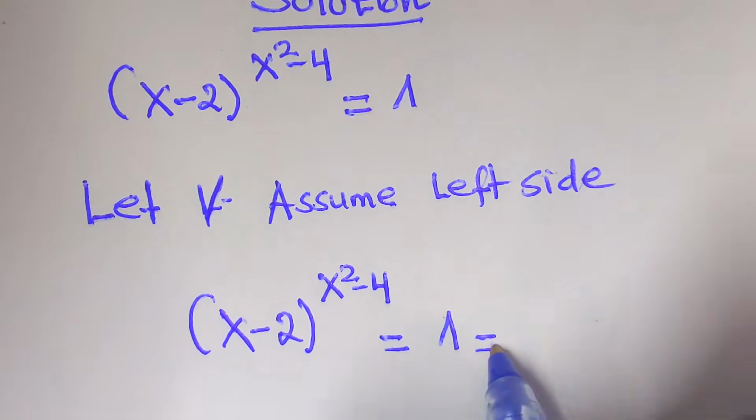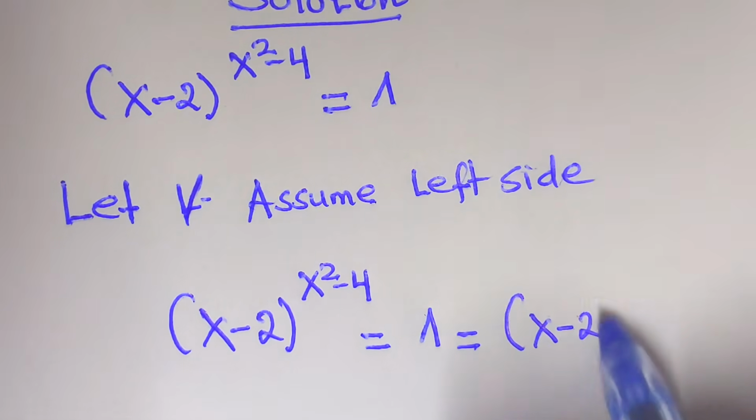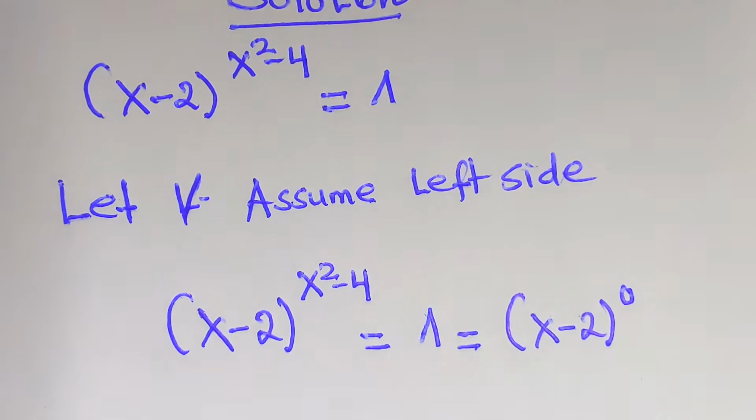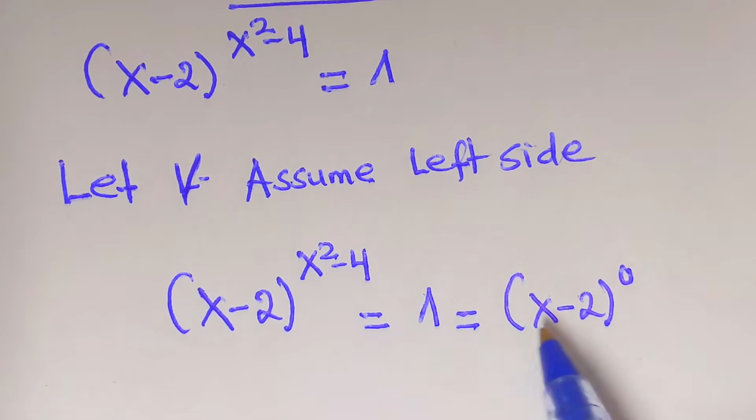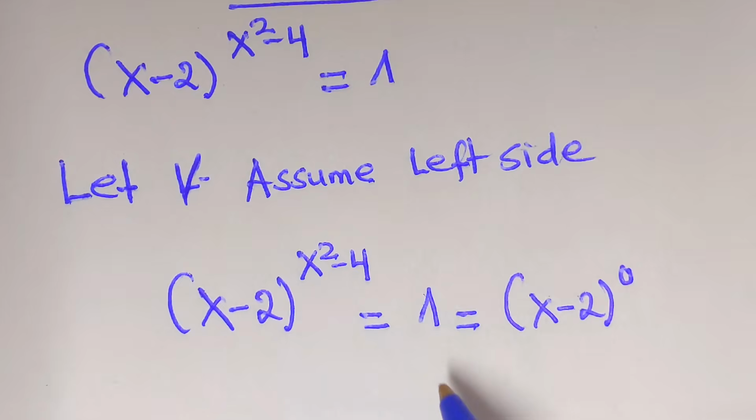This will happen only when we have x minus 2 power 0, right? So when you have power 0, the result is equal to 1.